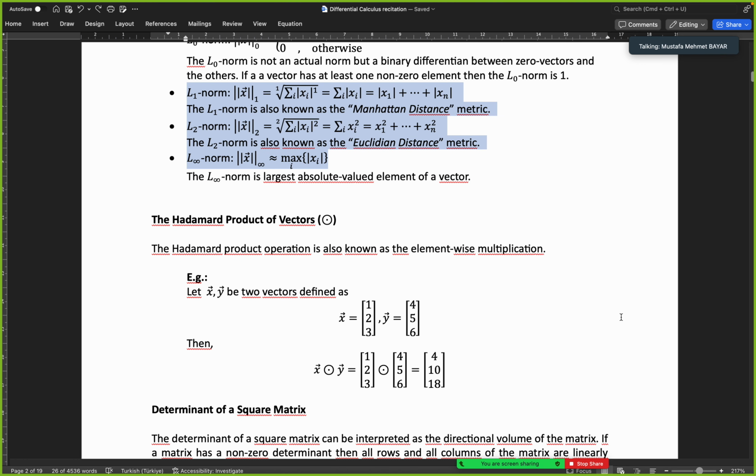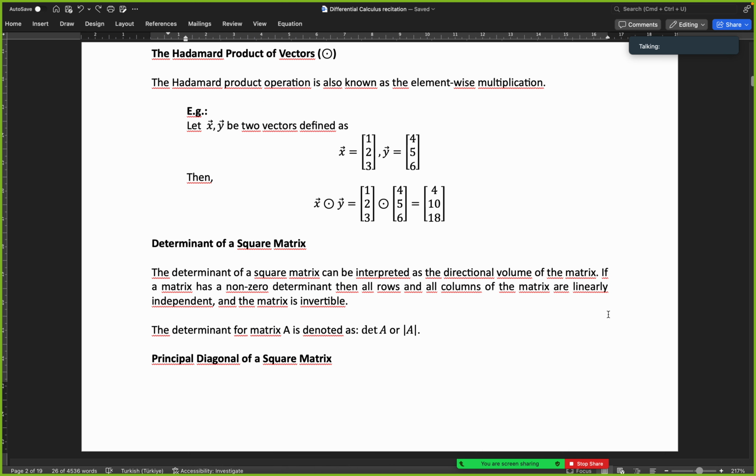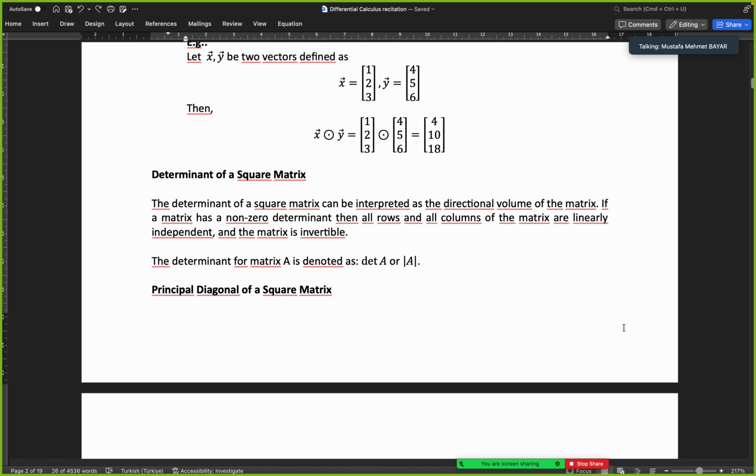Then we also talked about the Hadamard product. The Hadamard product is also known as the element-wise multiplication. Here is an illustration, you can just see it. This is 1 times 4, 4, 2 times 5, 10, and 3 times 6, 18. We also talked about the determinants of square matrices.